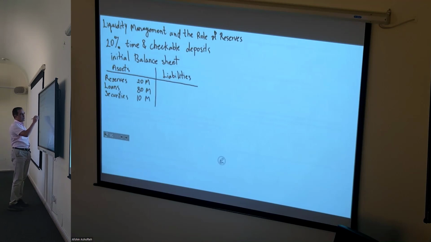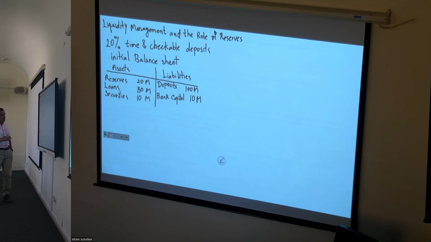On the liability side, we can have the deposits, let's say 100 million. And we have the bank capital, let's say 10 million. Okay, so 10 million for the bank capital, and this is the asset and liability sides of this balance sheet, 110 and 110. So the bank's required reserves are 10%, as we said.